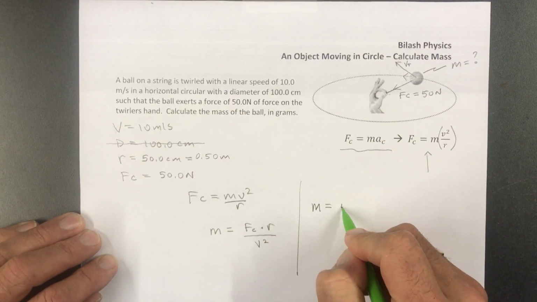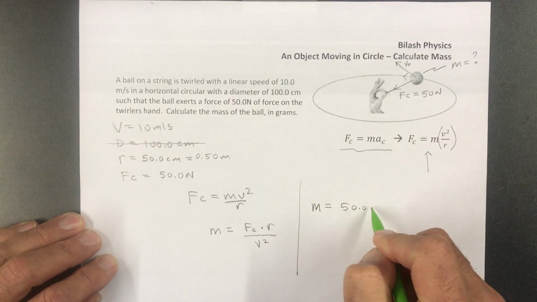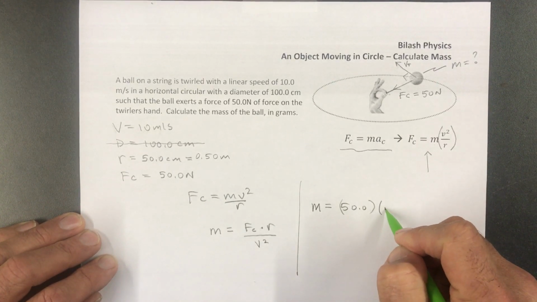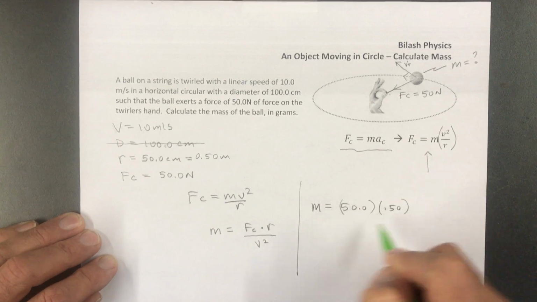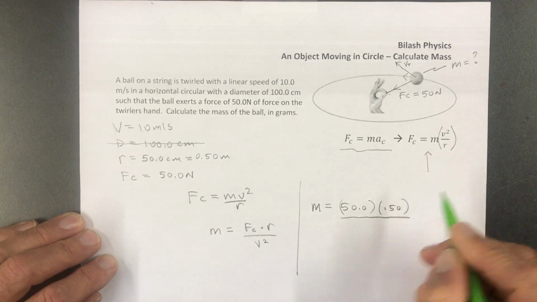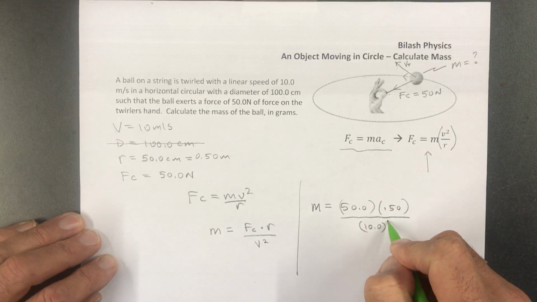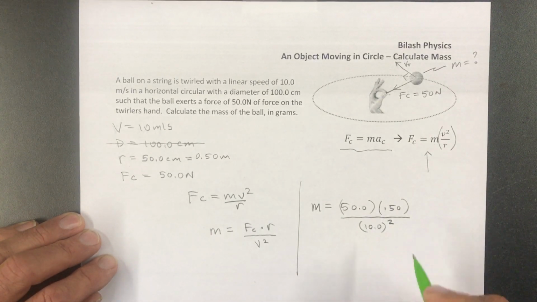Mass is going to be equal to 50.0 newtons times the radius, which is 0.50 meters, divided by 10 meters per second, and we're going to square that.